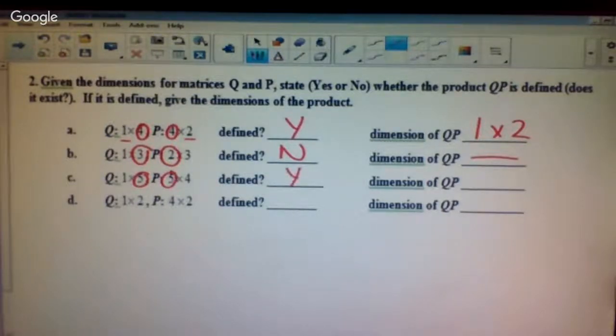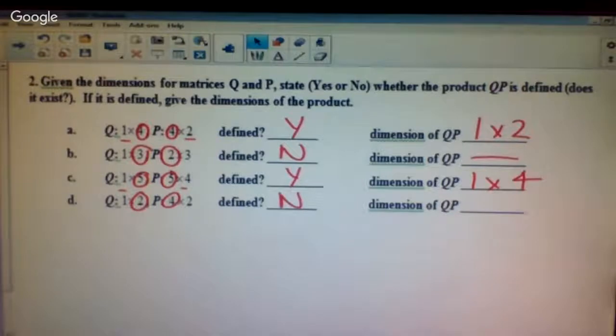This is a yes. 1 by 4. And my answer is going to be a what? 1 by 4. My outside numbers are a 1 and a 4. The last one. This is a no. 2 and 4 do not match. It cannot be done. Questions?